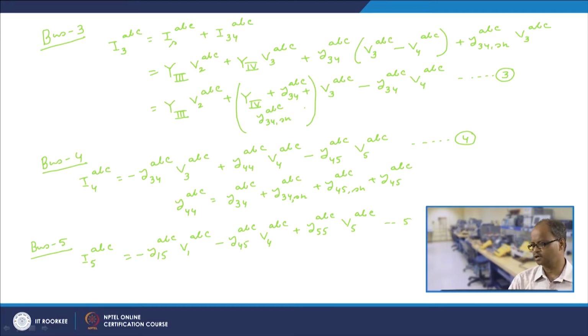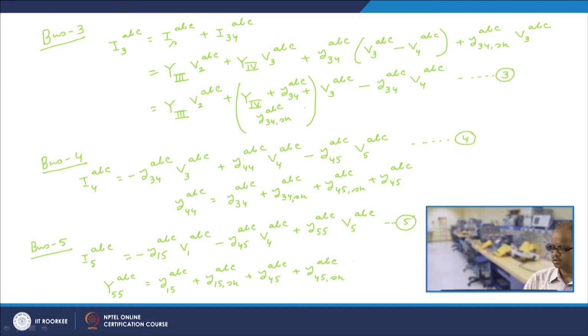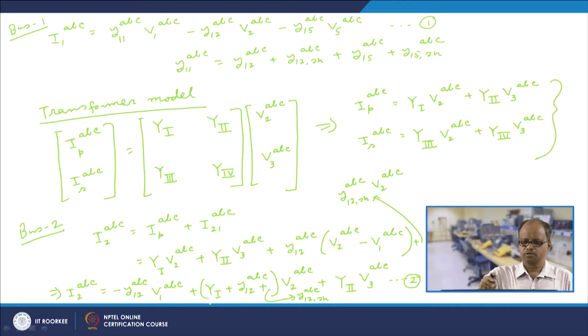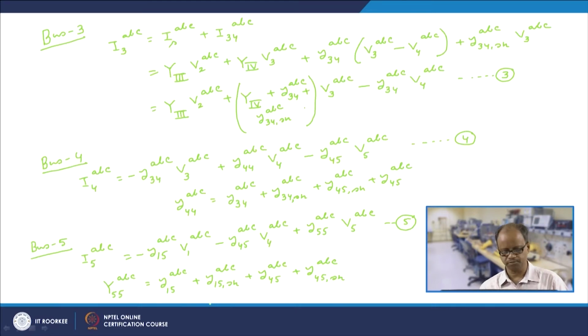This is equation 5, and y55 is equal to y15 ABC plus y15 shunt ABC plus y45 ABC plus y45 shunt ABC. So these are the 5 equations.